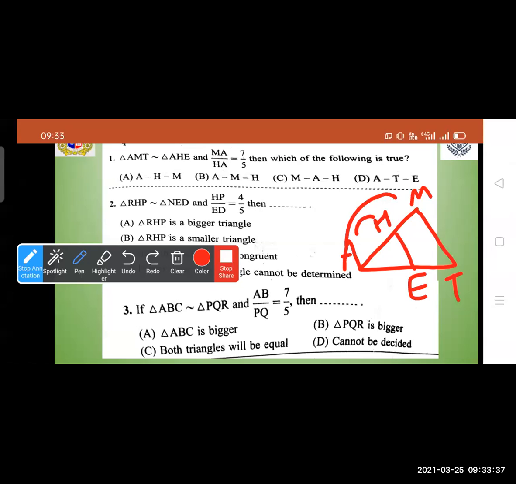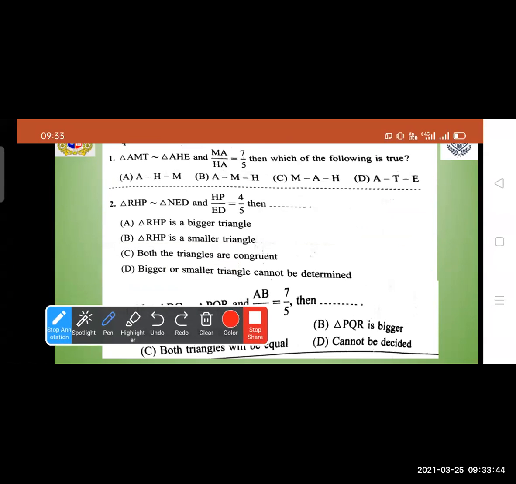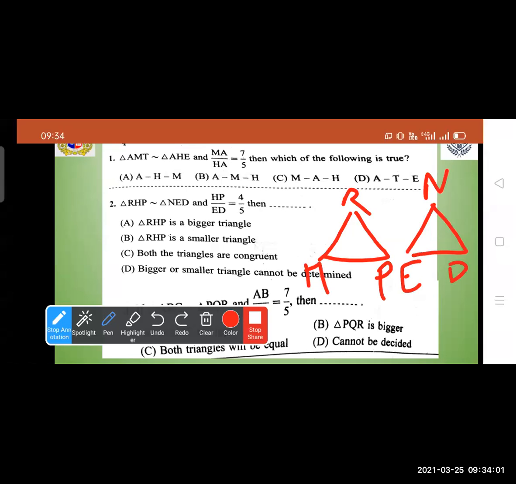Okay, now next. Second question, RHP similar to NED. So HP by ED, the same applies here. Here 2 different triangles are given, RHP and here NED. The ratio HP by ED is given as 4:5. That means this side is larger than this one. So RHP is the bigger triangle.